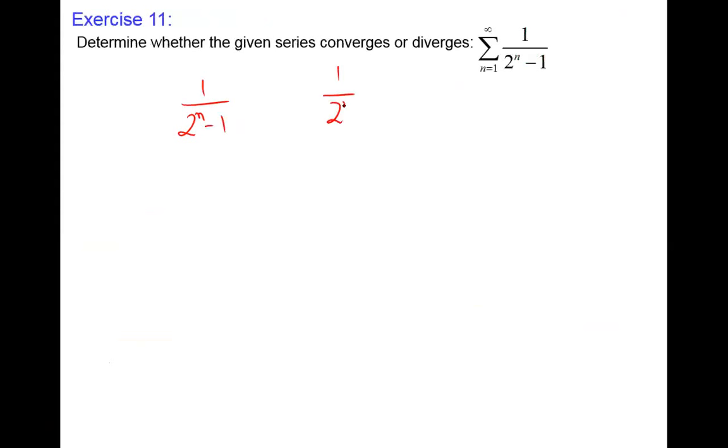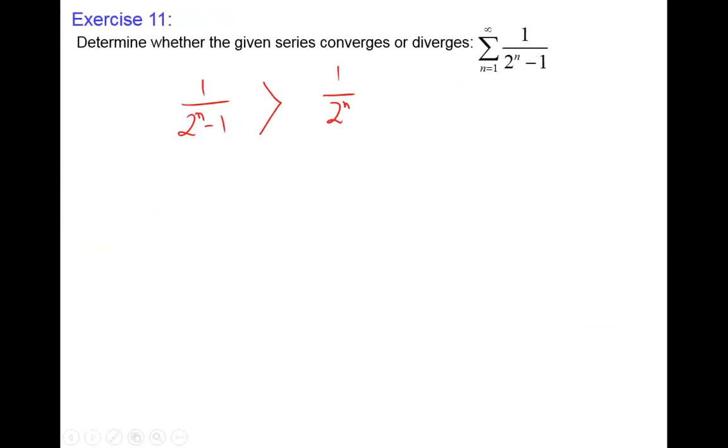And I know that I have to compare with this one. But now let's see the inequality. If I'm subtracting something from the denominator, I'm making the denominator smaller. If the denominator is smaller, the whole fraction is bigger.